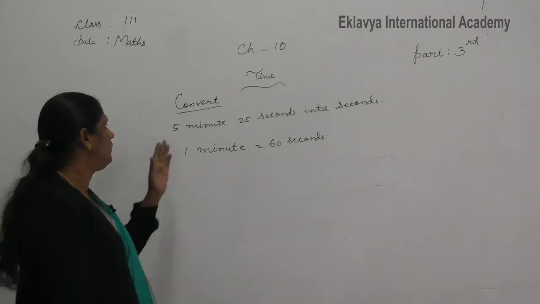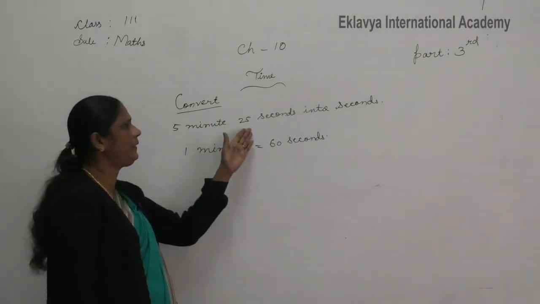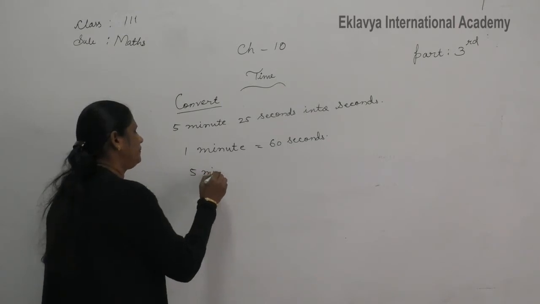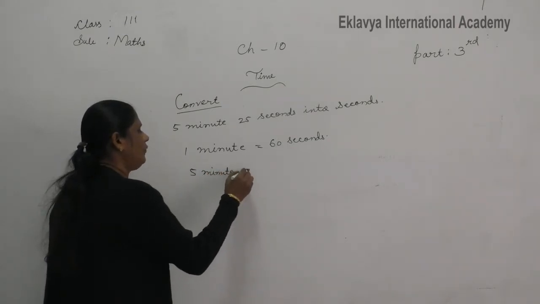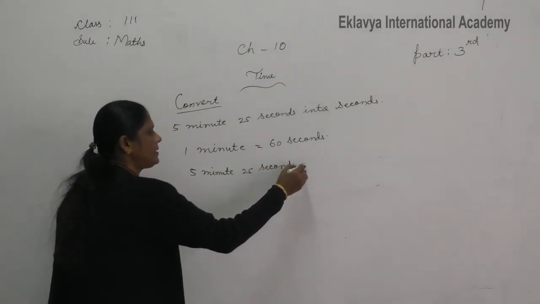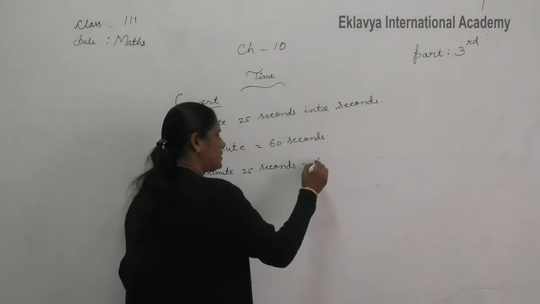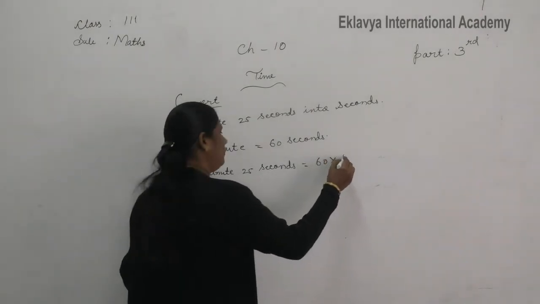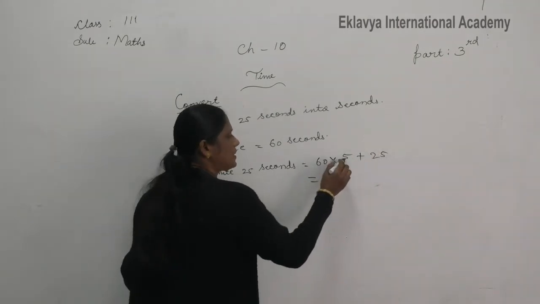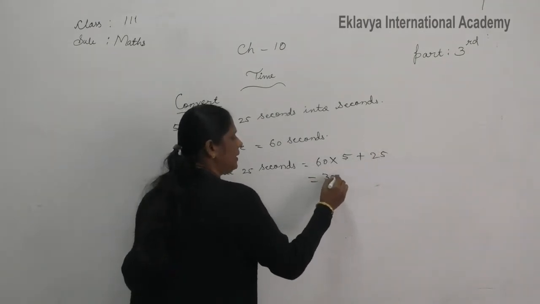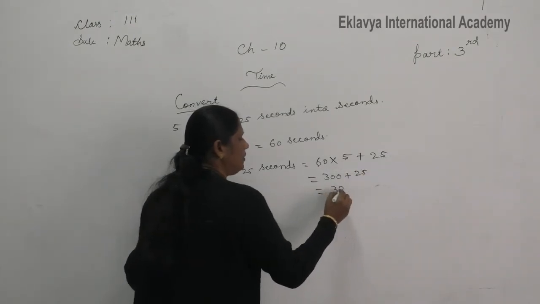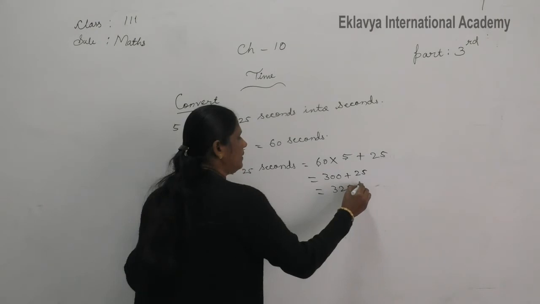We have 5 minutes 25 seconds, is equal to 60 into 5 plus 25, which is 300 plus 25, is equal to 325 seconds.